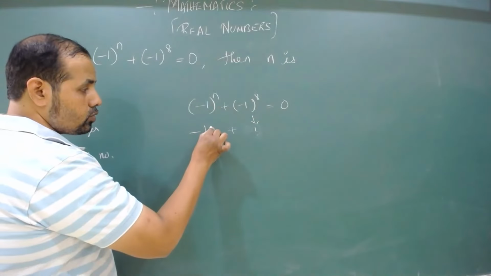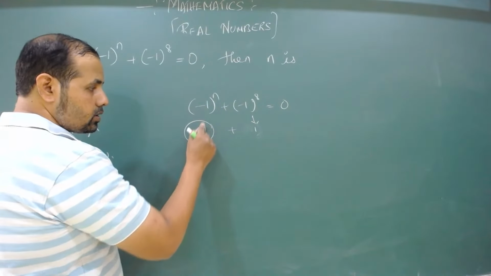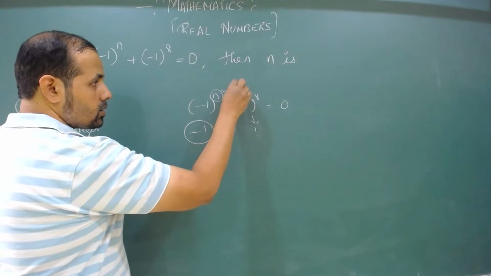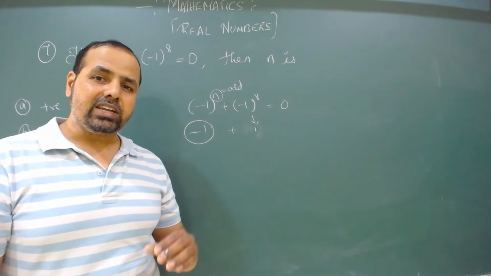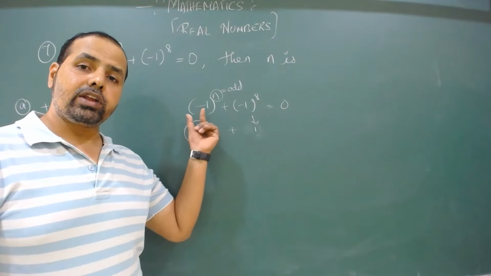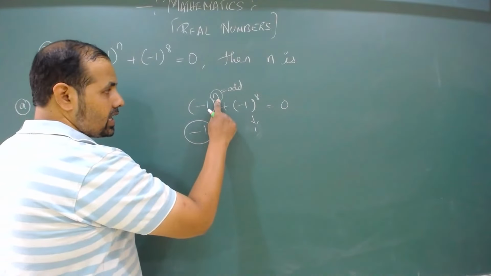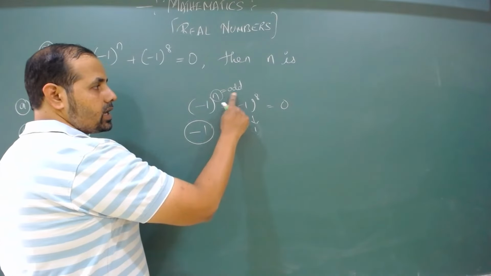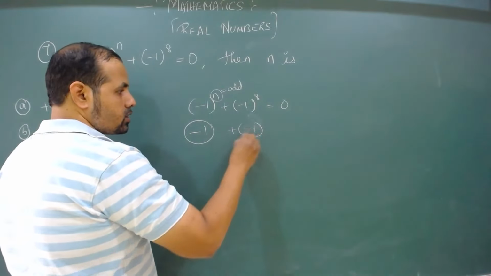But for this to be negative, the power here should be odd. We very well know that a negative number to the power odd will always be negative. So here n should be any odd number. Let me take an example. (-1)^8 is plus 1.